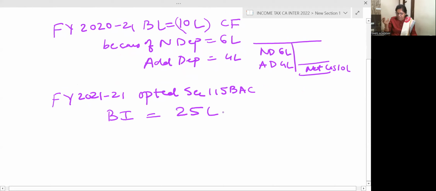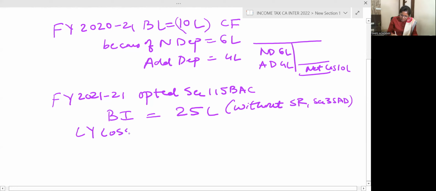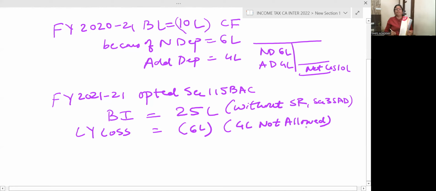This time you got a good profit. By the alternative tax regime, meaning you didn't take scientific research or section 35AD, without those you got 25 lakhs profit. Now, last year's business loss, can you set it off against this year's business income? Yes, ma'am, you said it is set off against normal income. How much will be set off? 6 lakhs. The 4 lakhs is not allowed, not at all.